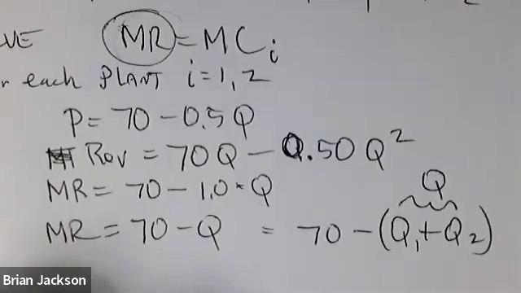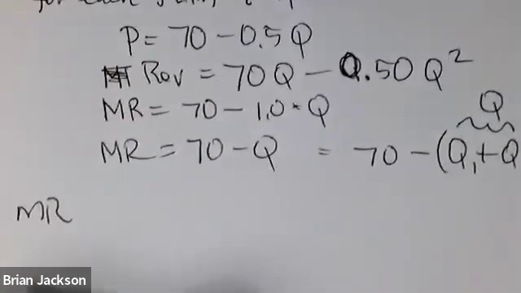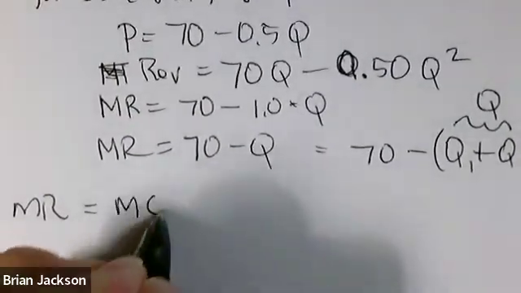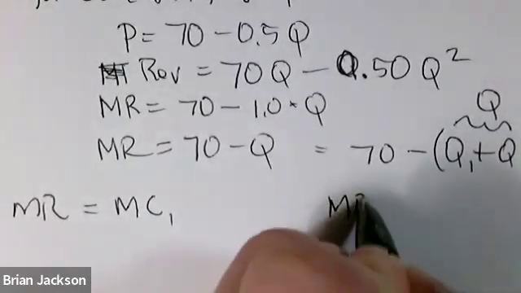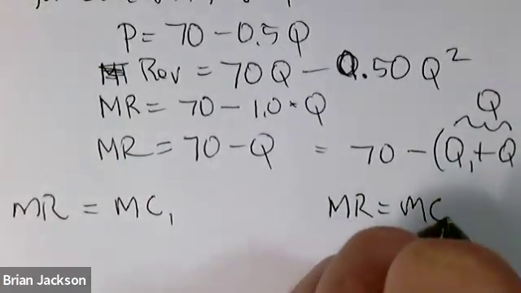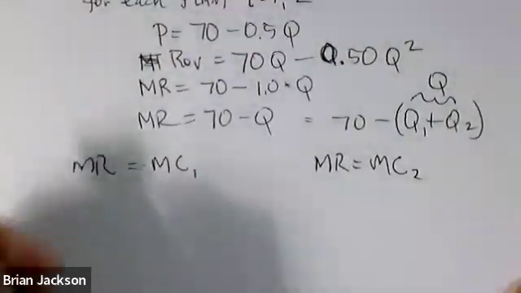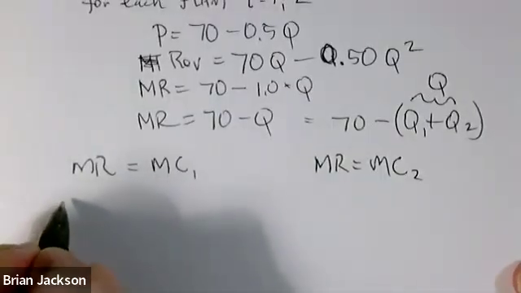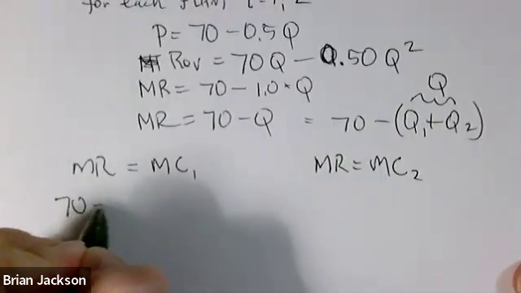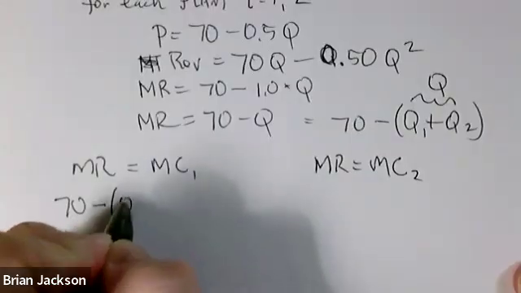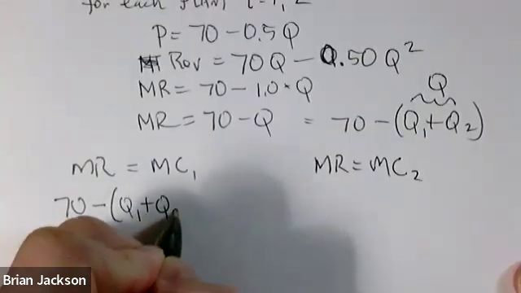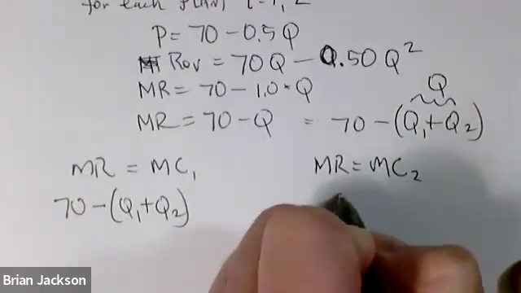All right, so we're going to have marginal revenue equal to the marginal cost from plant 1. We're going to have marginal revenue equal to the marginal cost from plant 2. And here is your marginal revenue function, if you will. They stacked this vertically in your book, but that's okay. 70 minus (Q1 plus Q2) is marginal revenue over here.